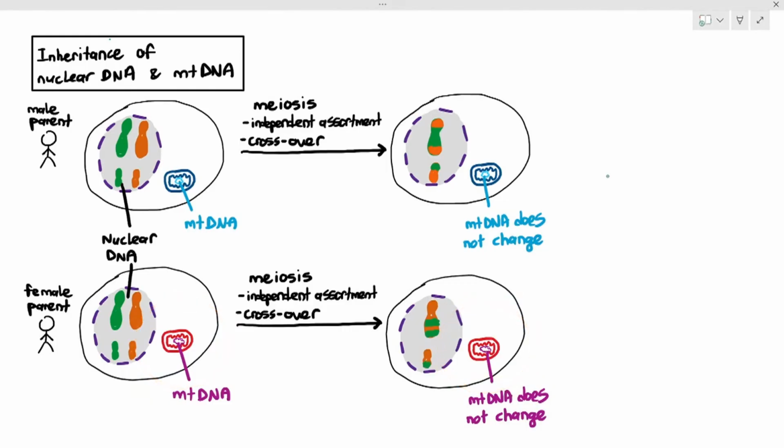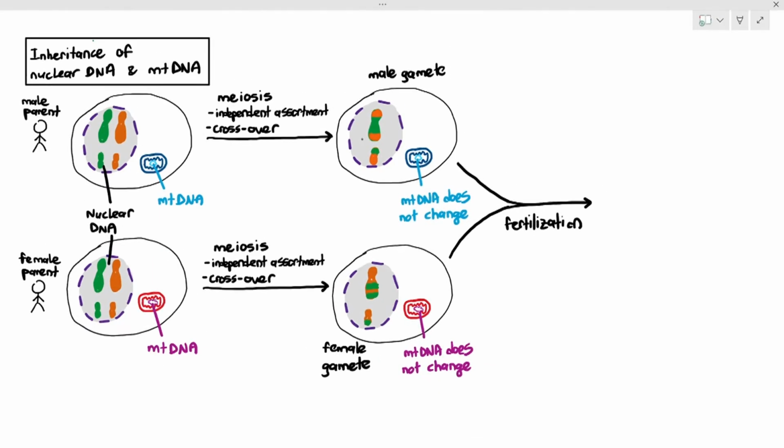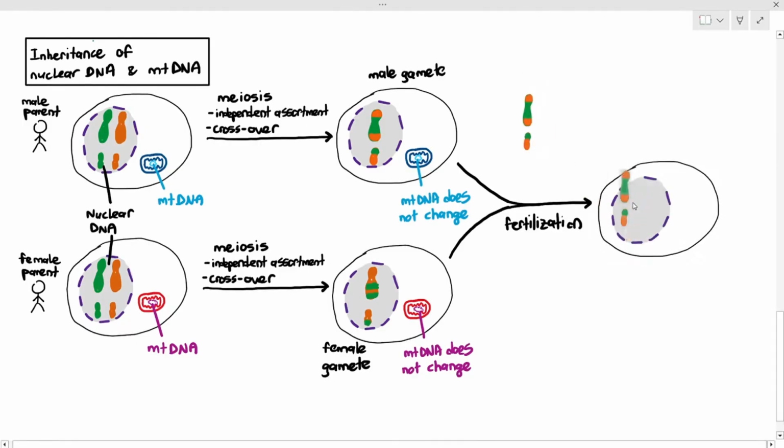Now, why is this important? Because when fertilization happens, this is important. You see, the offspring will receive one set of chromosomes from the male parent, which is those two chromosomes right there as I'm circling, and it will receive one set of chromosomes from the female parent as well, which I am circling over there.